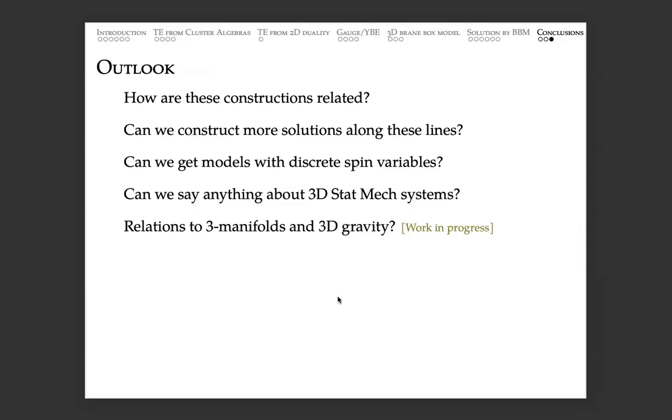So now we see that there must be a connection between three-manifolds, actually 3D hyperbolic geometry, and the tetrahedron equation in this way. In my work in progress, we are looking into this direction. I think I can say more once we are almost done with this.